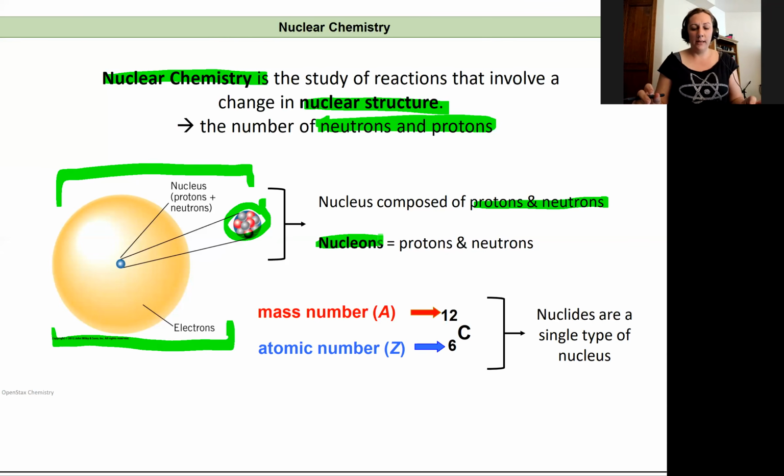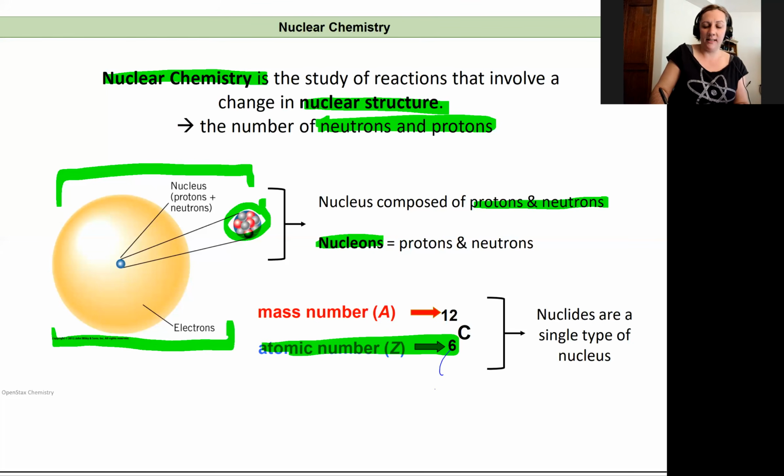And so if we have an atom with a certain number of neutrons and a certain number of protons, the number of protons is going to tell us what element it is. And we track that with the atomic number. So for carbon, the atomic number is 6, and that means we have 6 protons. And that's how we define carbon. Any atom with 6 protons is a carbon atom.